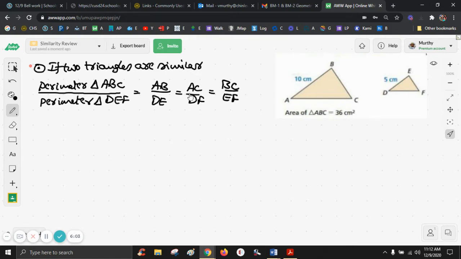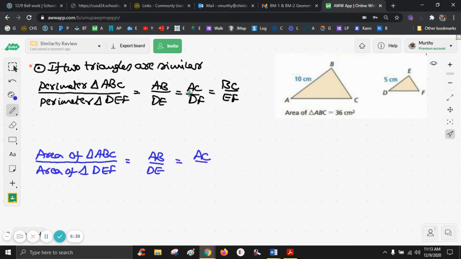Okay, and suppose you are asked to find the area, this is a different point: area of triangle ABC over area of triangle DEF. Some students get confused and mix these two up.